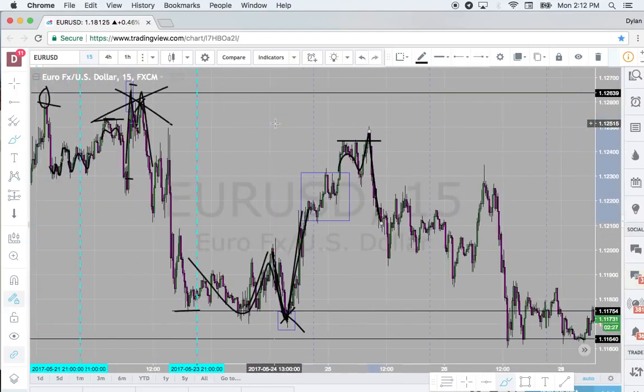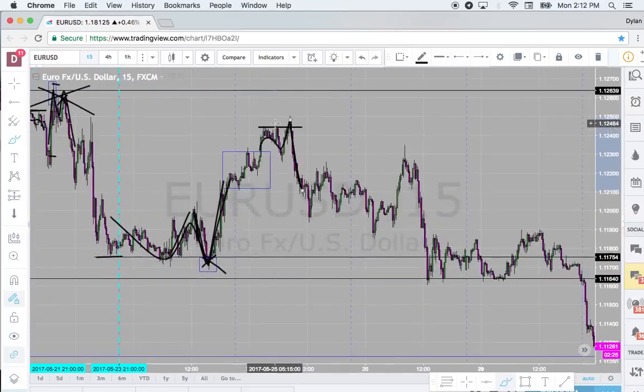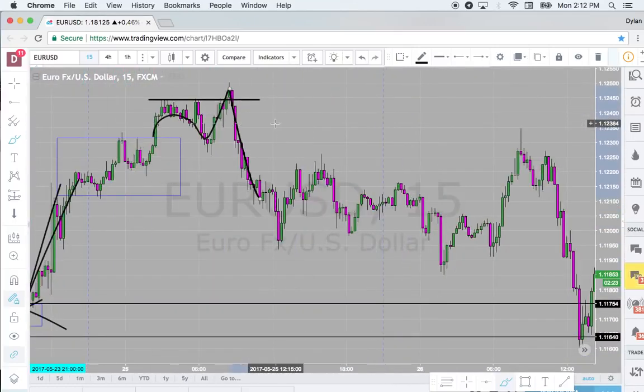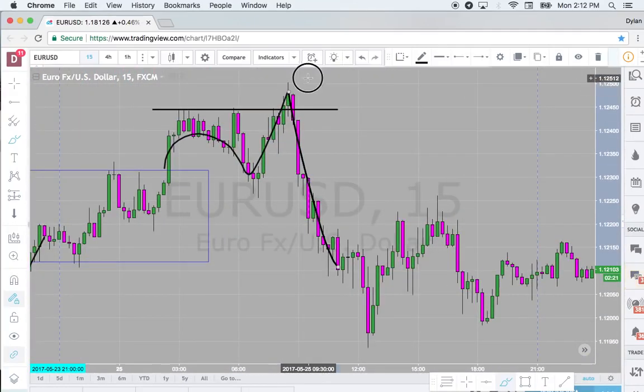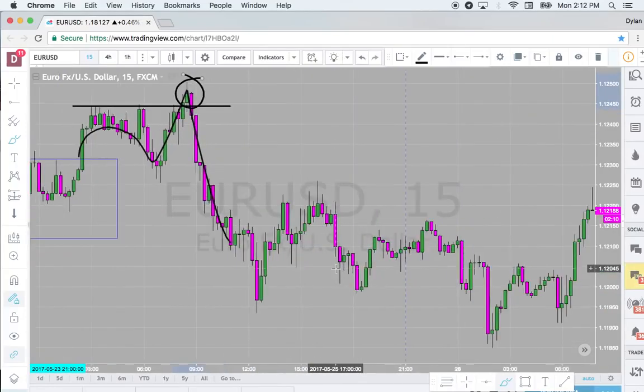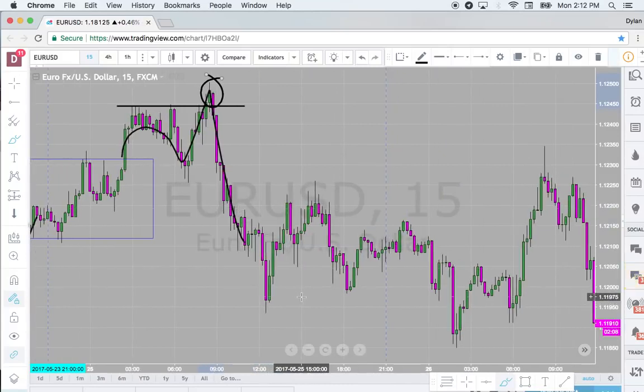There was also a second leg stop hunt, railroad track confirmation candlestick pattern, and then price sinks, drops to the low.